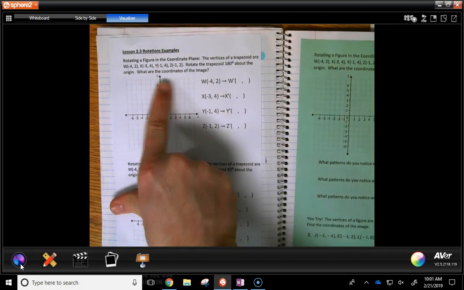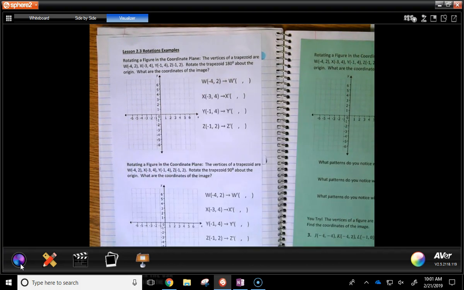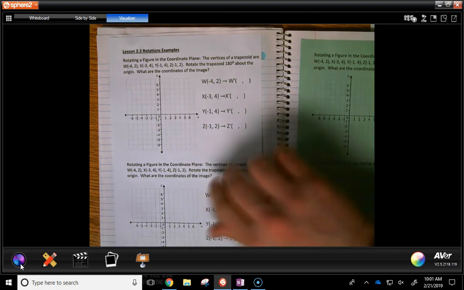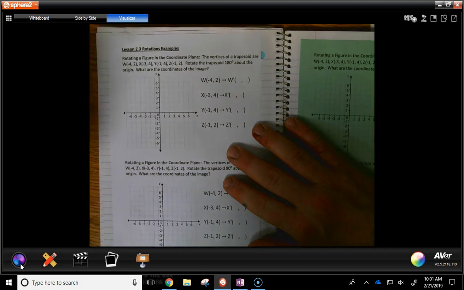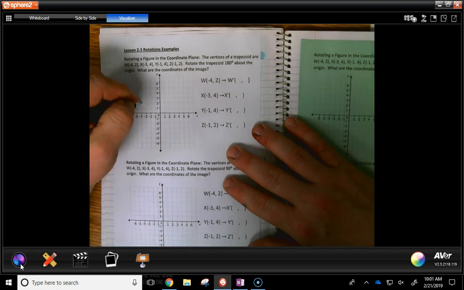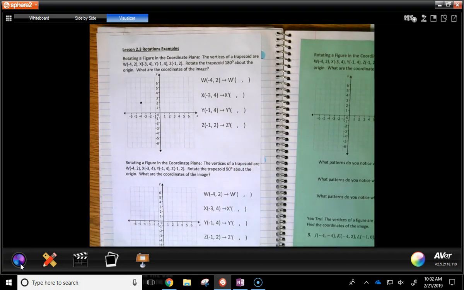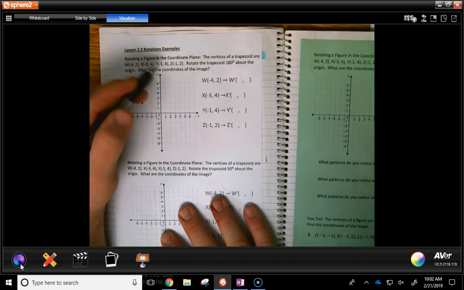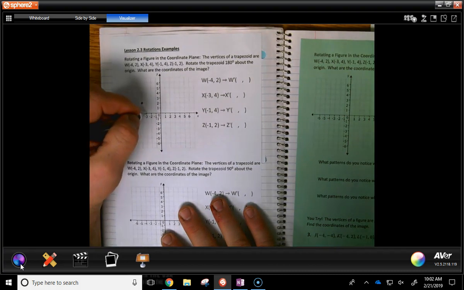Rotating a figure in a coordinate plane. The vertices of a trapezoid are W, -4, 2. So let's go ahead and do this right now. I'm going to put W at -4, 2. X at -3, 4.